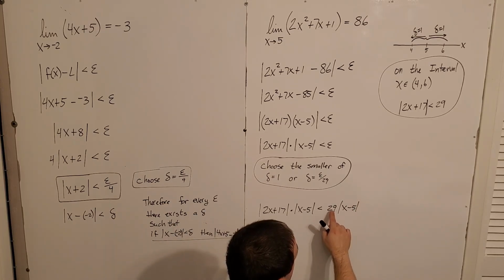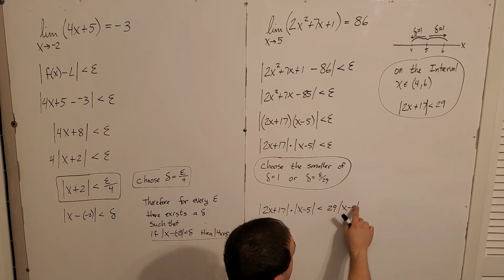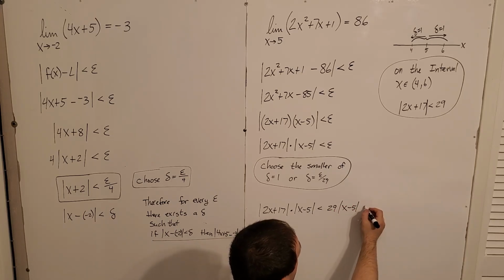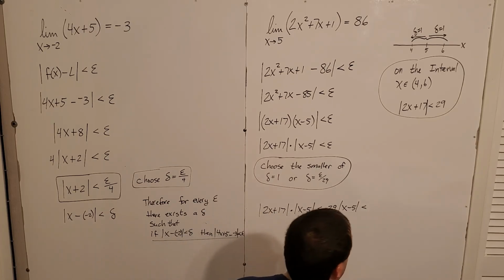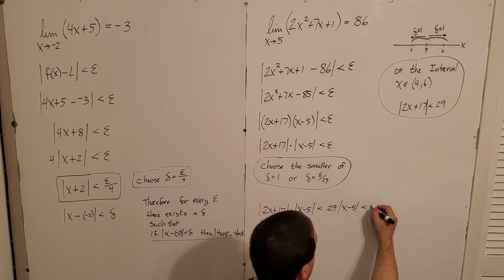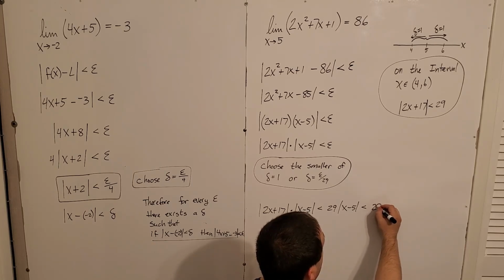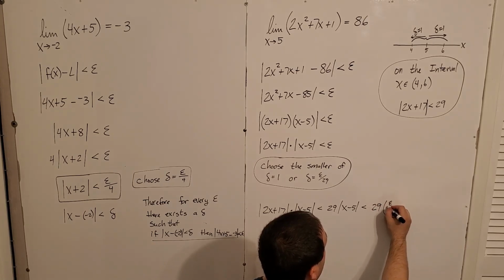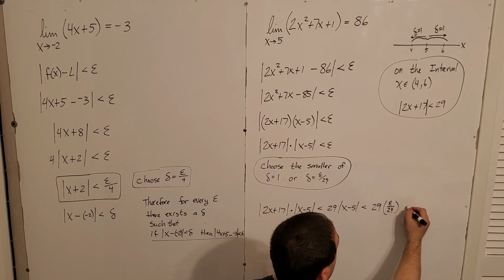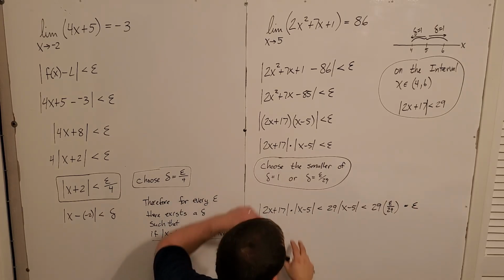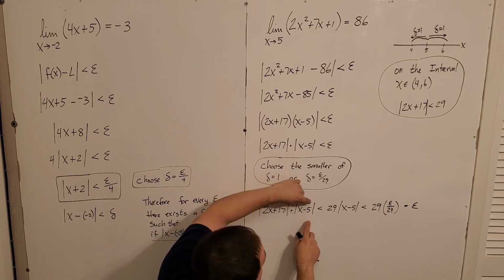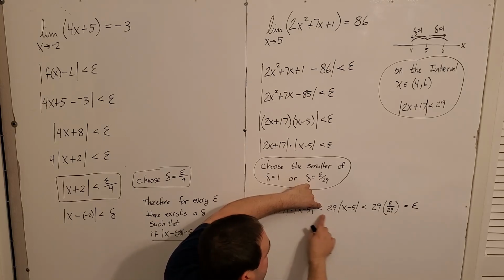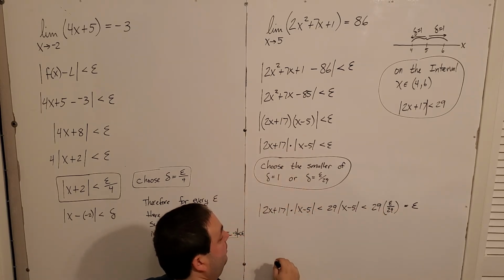And then if I were to let delta right here, I want this to be less than delta. So that would be 29 times epsilon over 29, which is equal to epsilon. So what I've shown here with this statement is this is less than epsilon. That's how the flow goes here, you see?